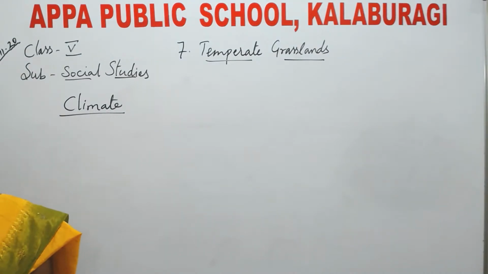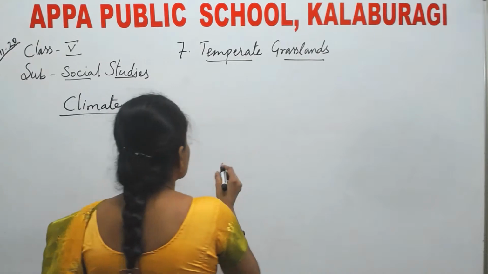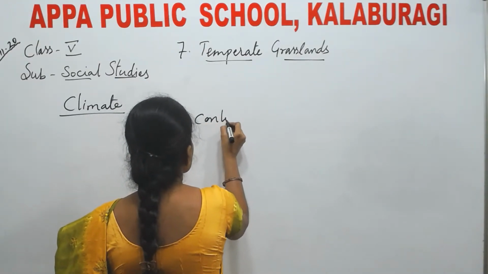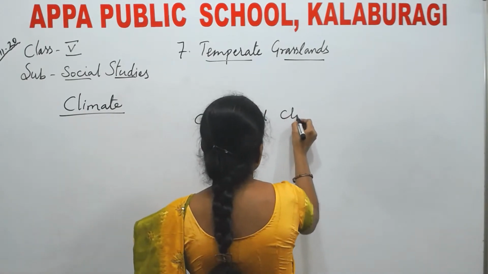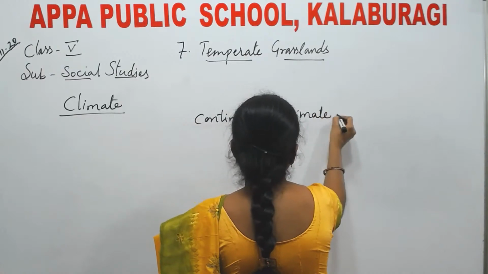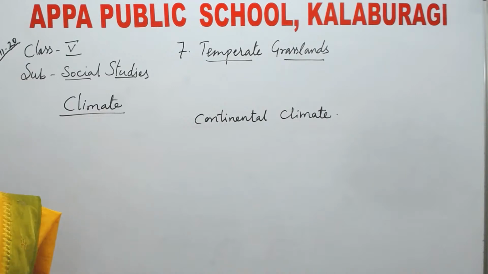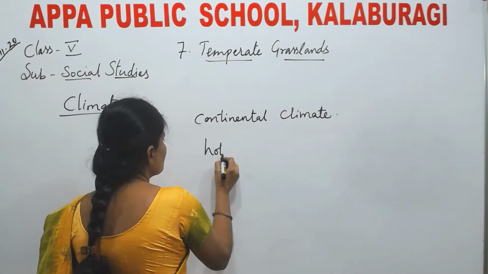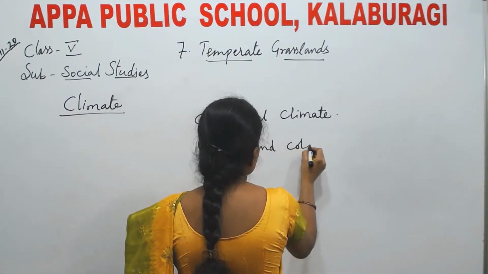The grasslands in the northern hemisphere experience a continental type of climate. Here the climate is extremely hot and cold.